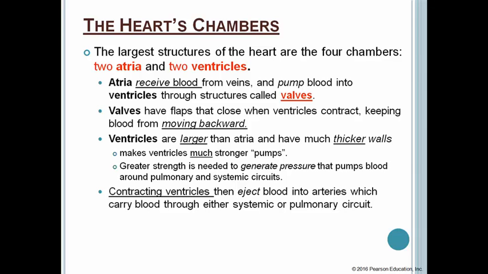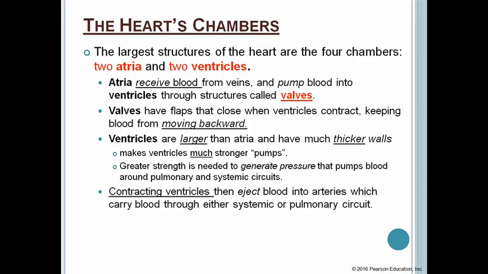We know that the ventricles are much larger than the atria, their walls are much thicker than the atria, and that's because the ventricles are the primary pumping structures. They're under great deals of pressure as they begin to contract the cells within the ventricles and pump the blood to the systemic circuits.